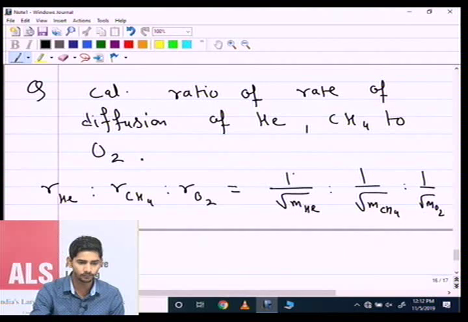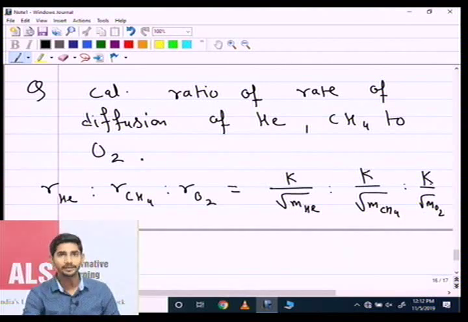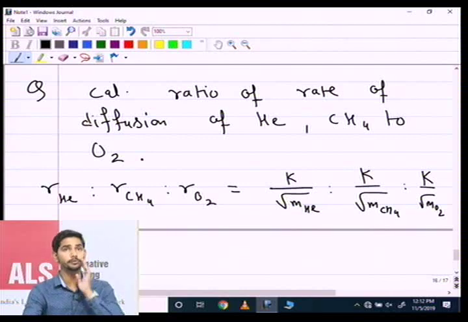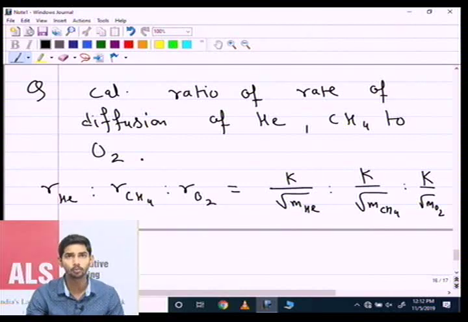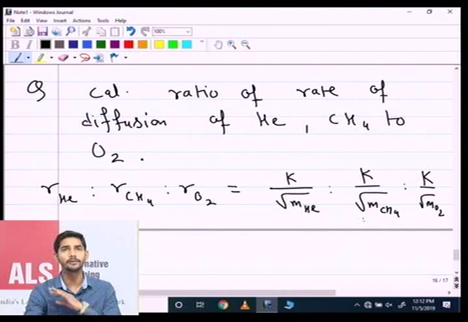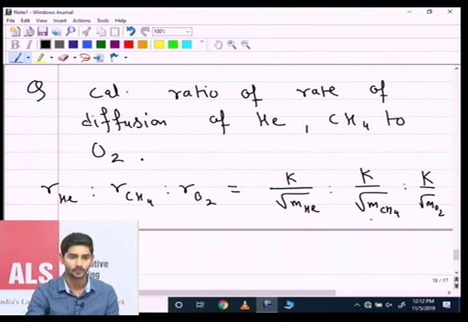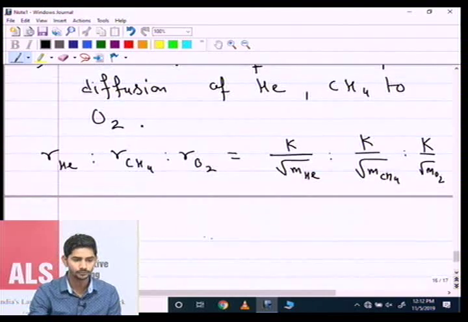In spite of writing 1, you can simply put the K, because we know that the rate is inversely proportional to the 1 upon under root of the mass. Okay, so we have removed that proportionality and we have put a constant over there. Okay, now solve this. K will get cancelled out.